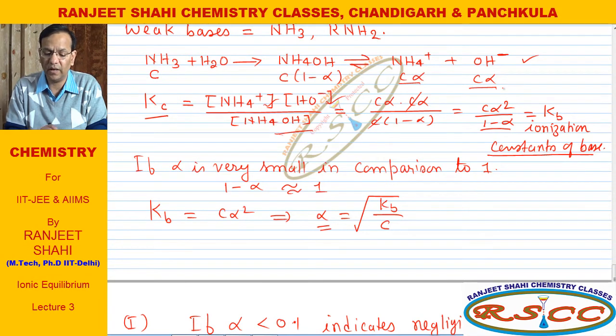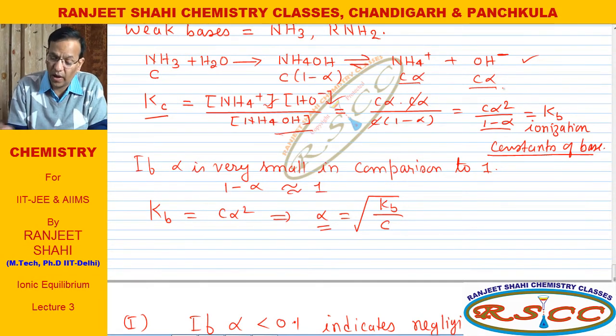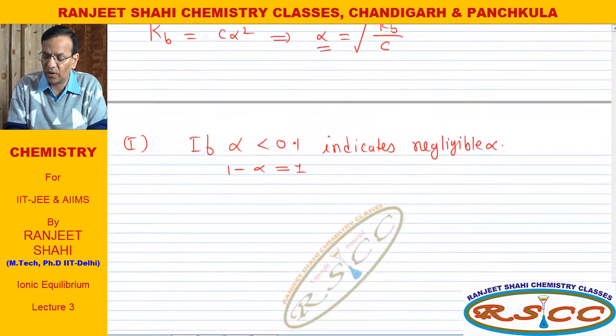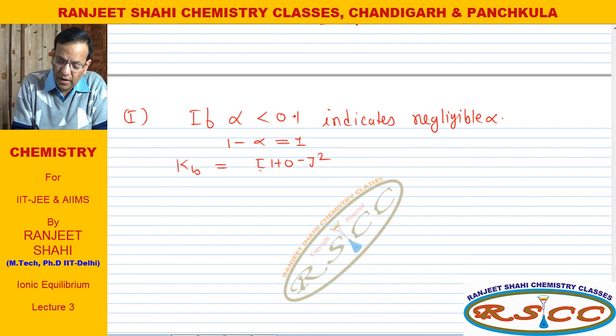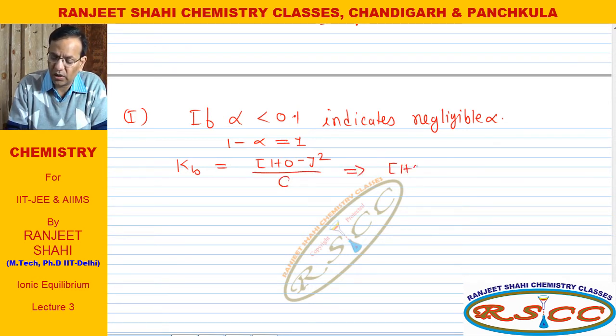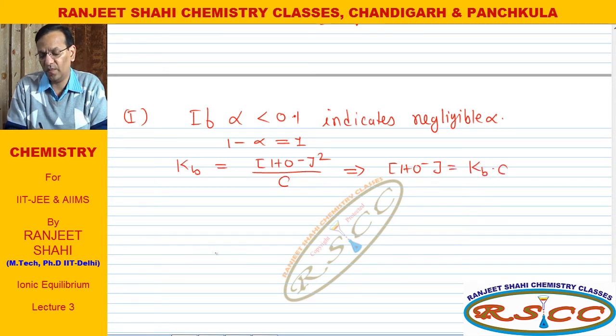Both are C alpha. So the numerator can be written as the OH minus concentration square, and the denominator, which is ammonium hydroxide, C into 1 minus alpha, will become C with this approximation. So Kb will be equal to the concentration of hydroxide ion square divided by C. This implies the concentration of hydroxide ion will be equal to Kb into C under root.